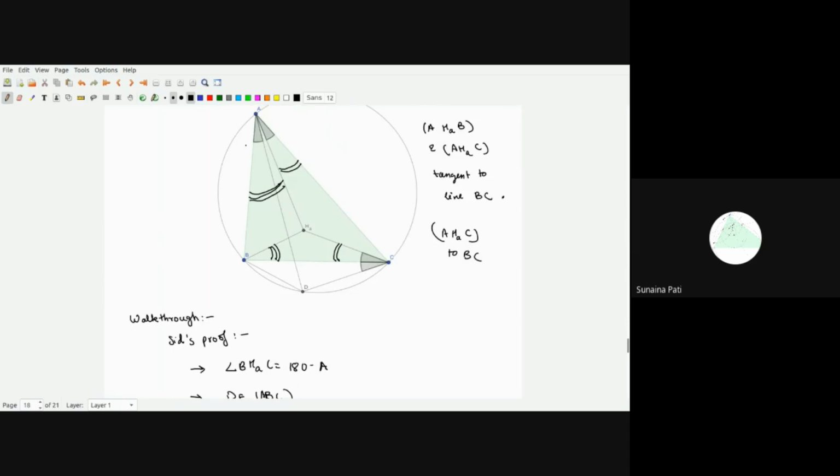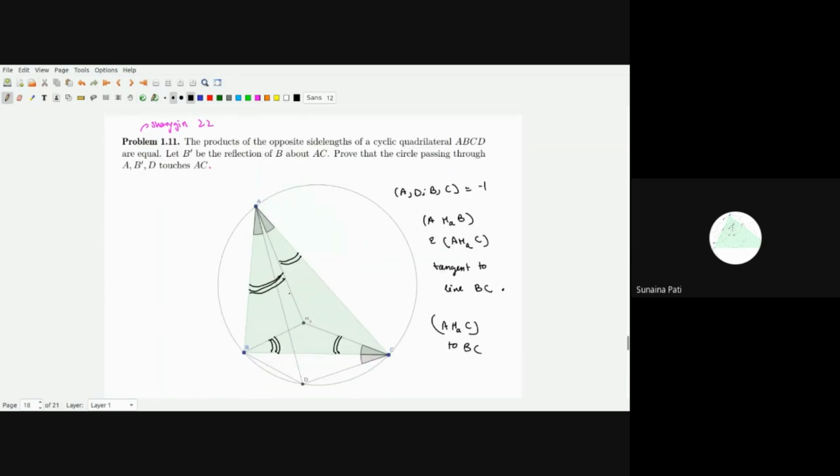And now, as Siddharth said, since HA lies on the median, by angle chasing you get angle HAAC is equal to angle HACB, which is equal to BCD by reflection, and that is equal to angle A, which is equal to angle BAD. That implies that AD is the median. So we are done by this.